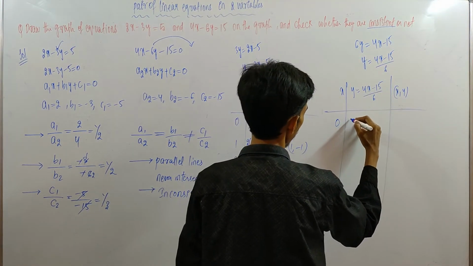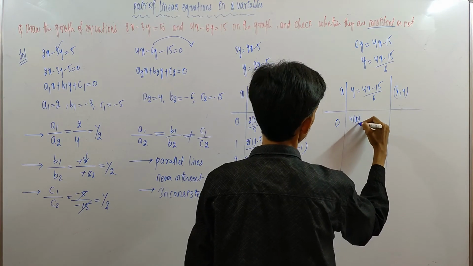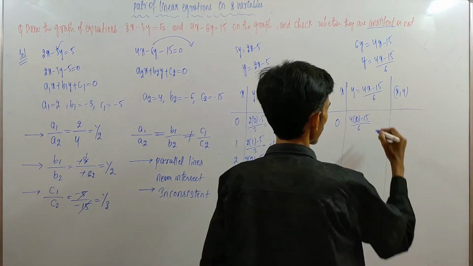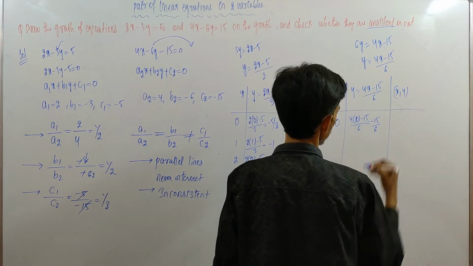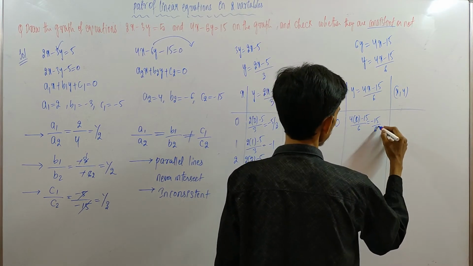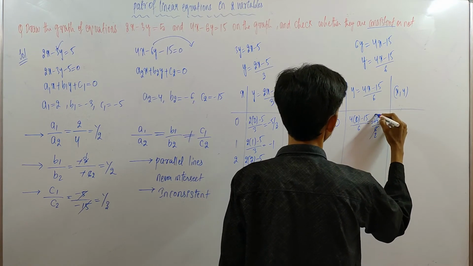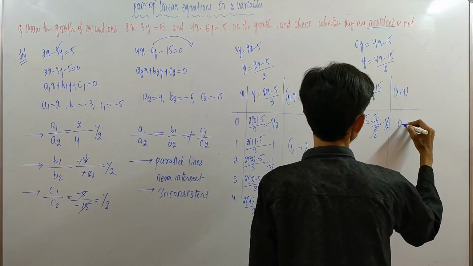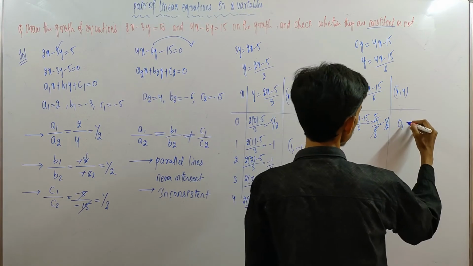Take 0. We have 4 into 0 minus 15 by 6. Now cancel this. 3 twos are 6, 3 fives are 15. So we have minus 5 by 2. So we have 0 comma minus 5 by 2.